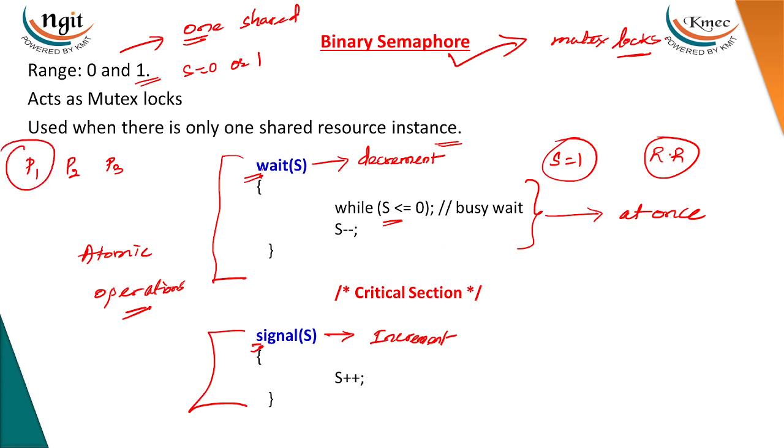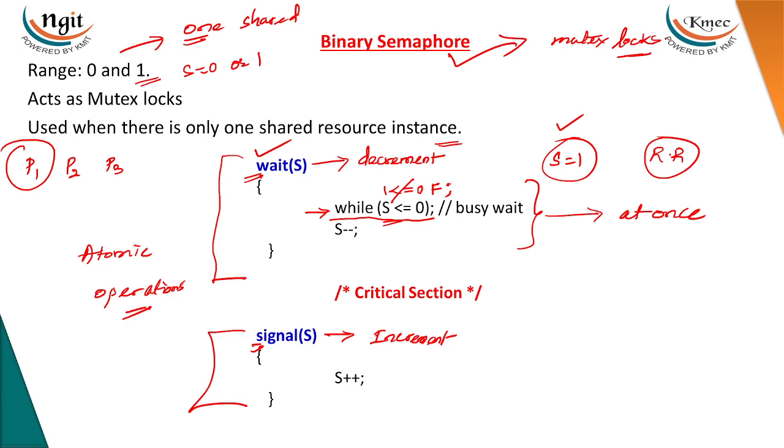Let's see p1. P1 executes the wait function first. It will see that the s value is 1, initially s equals 1. Now it will evaluate while 1 less than or equal to 0. Is 1 less than or equal to 0? No, this condition is false.